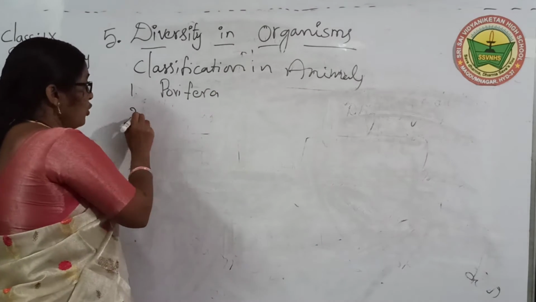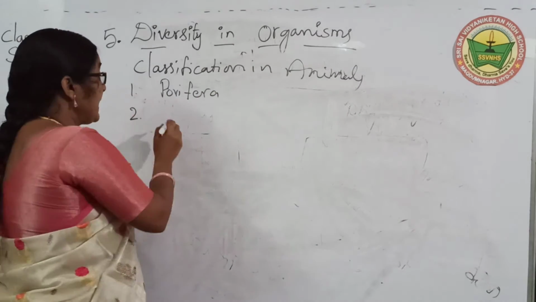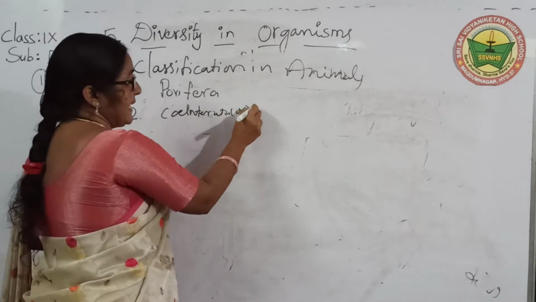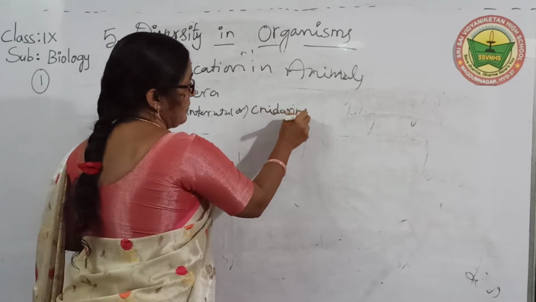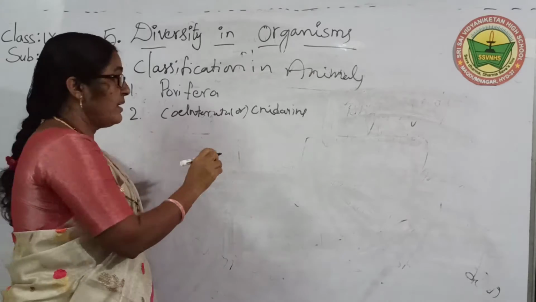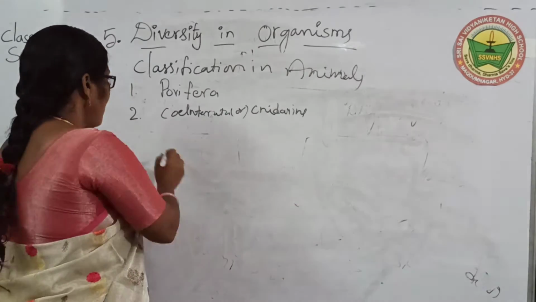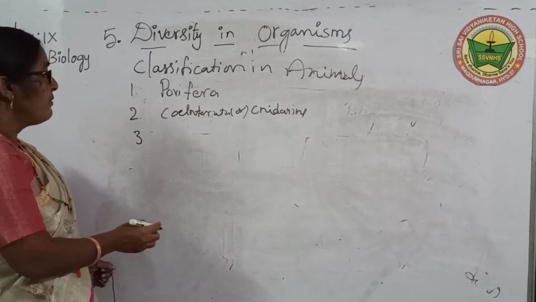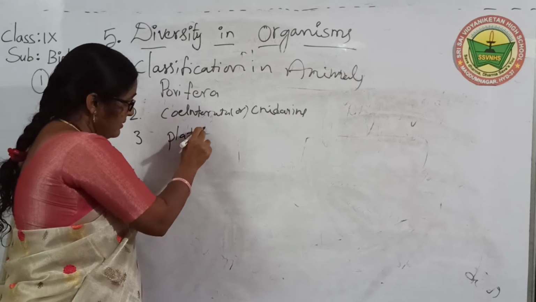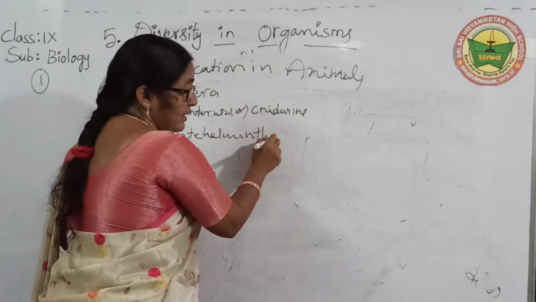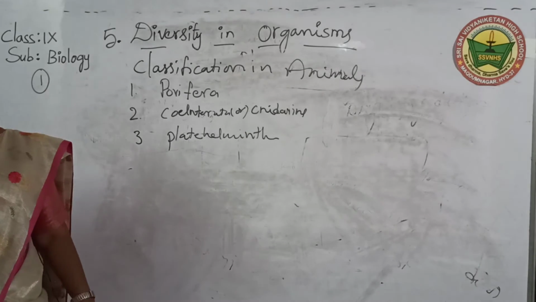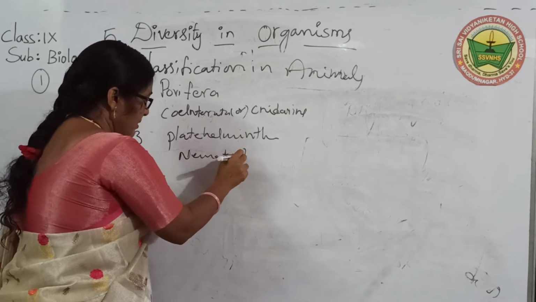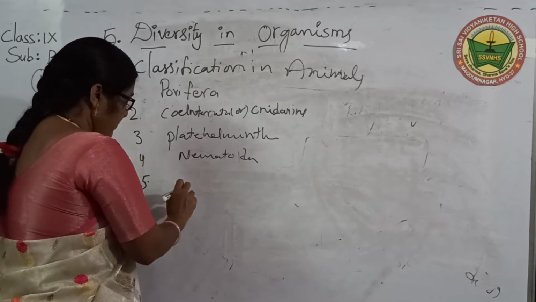The first major group is Porifera. The second group is Cnidaria, otherwise Cnidarians. The third group is Platyhelminthes. The fourth is Nematoda.